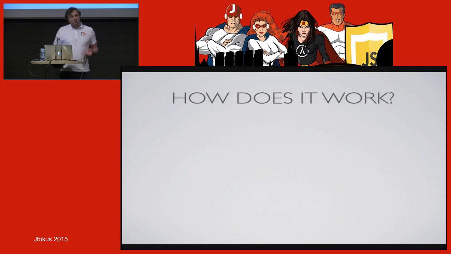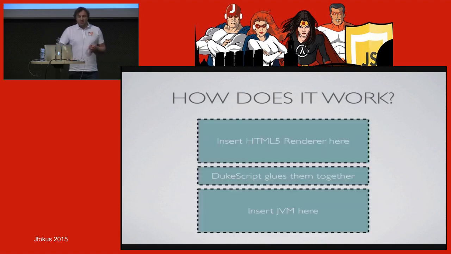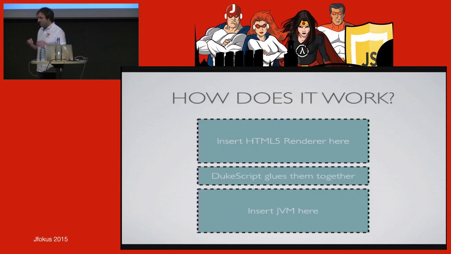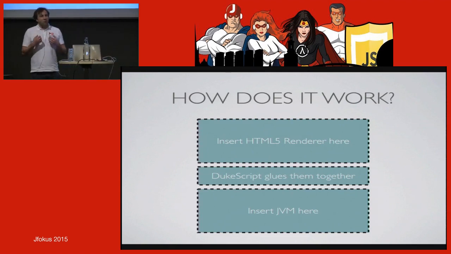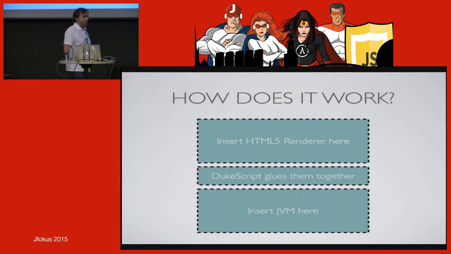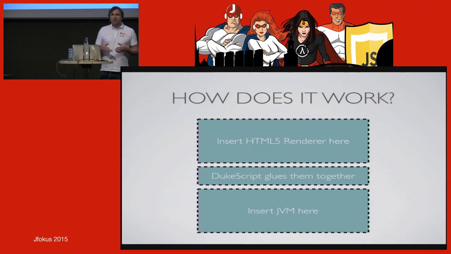Okay. So how does it work? So what is happening actually under the hood? I said it's a lightweight system, and the lightweight is really, we really wanted to make it very, very simple to port this to different platforms. Because we knew that all of these platforms have HTML rendering components.